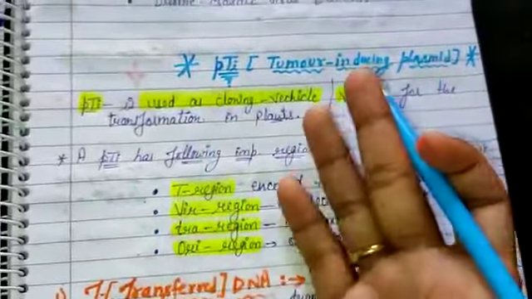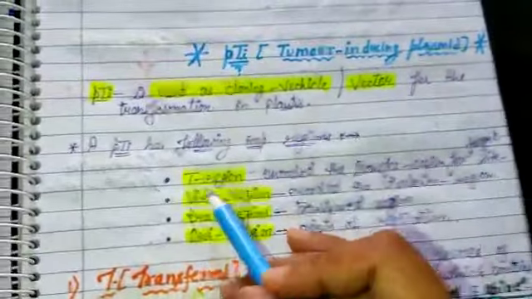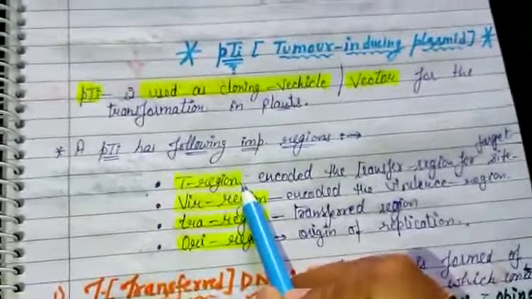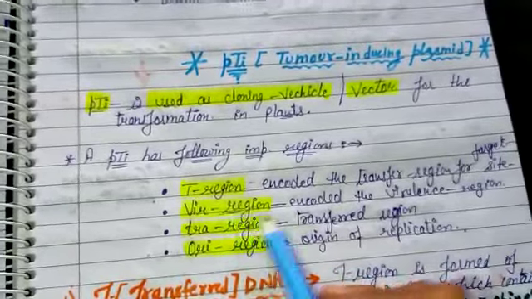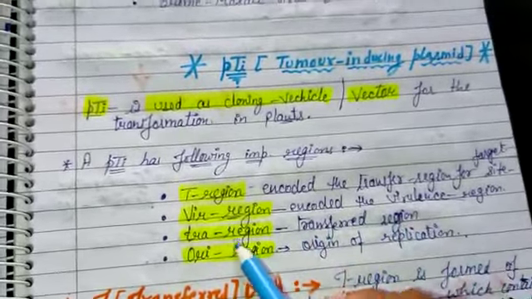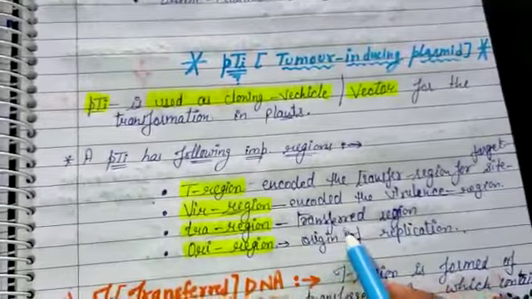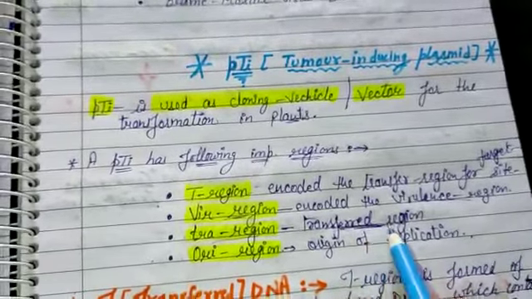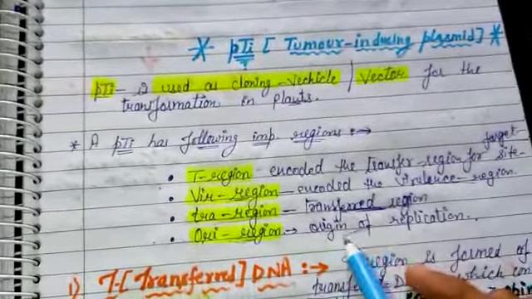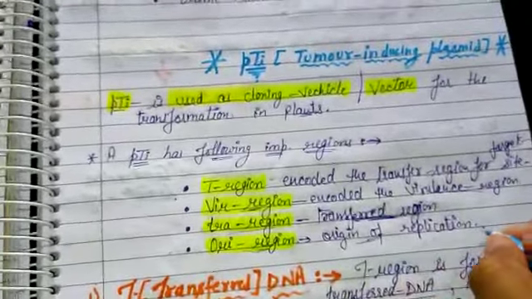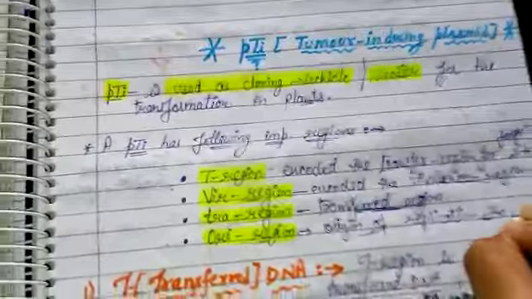A Ti plasmid has the following regions: the T region for the target site and the transfer DNA. Next is the Vir region, that encodes the virulence region. Next is the Tra region, that encodes the transfer region. And next is the ORI region, that indicates the origin of replication site.